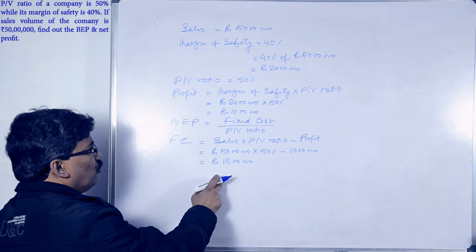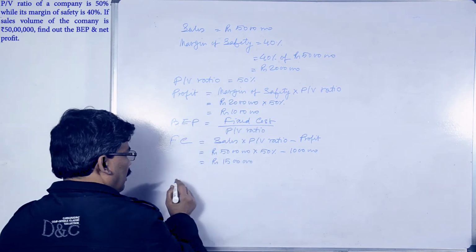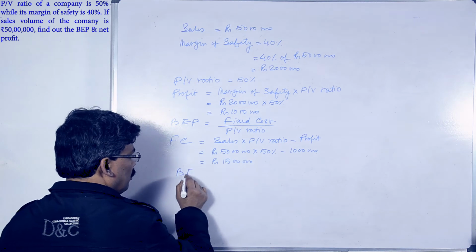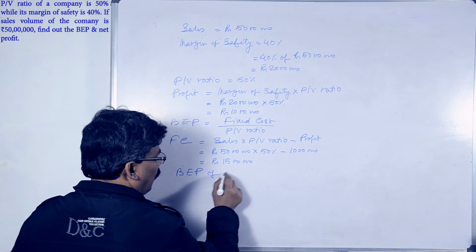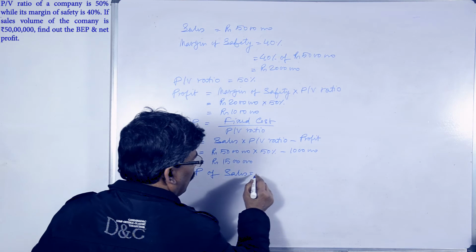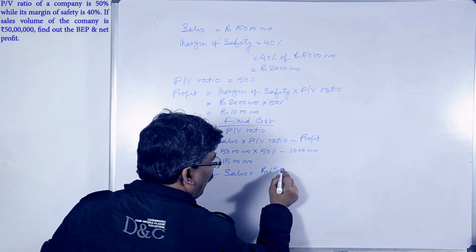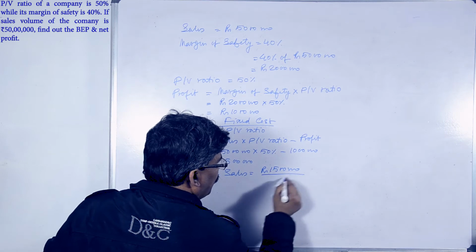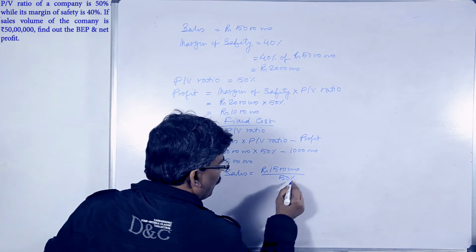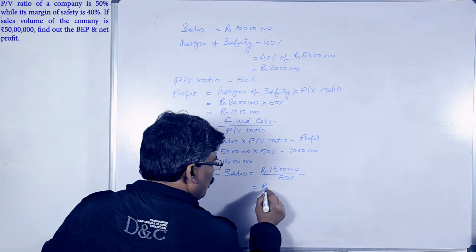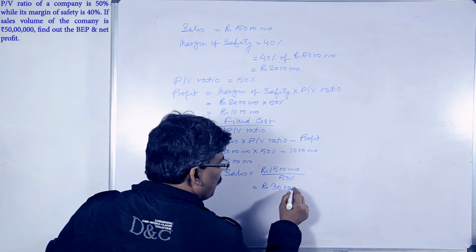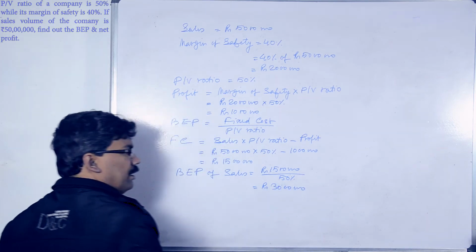Then if fixed cost is known, applying this formula, we can calculate very easily break even point. Fixed cost means rupees 15 lakh by PV ratio 50%. Break even point is coming 30 lakh.